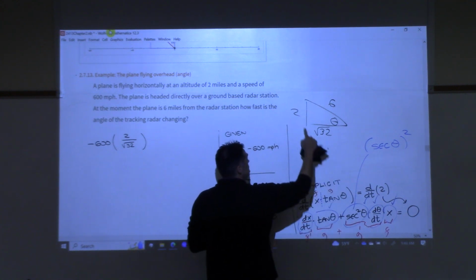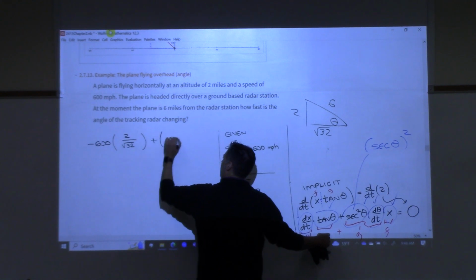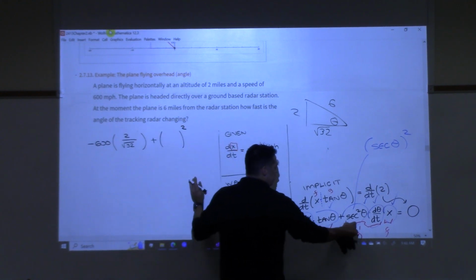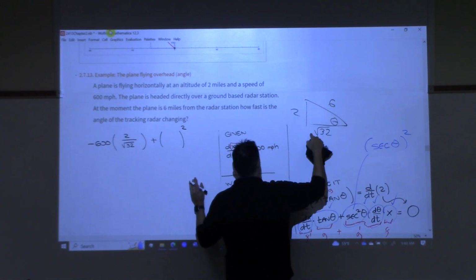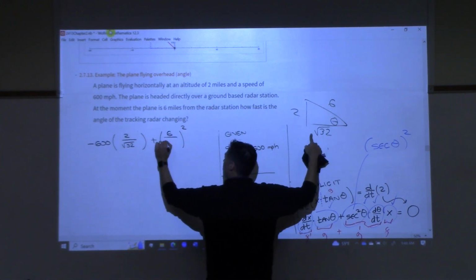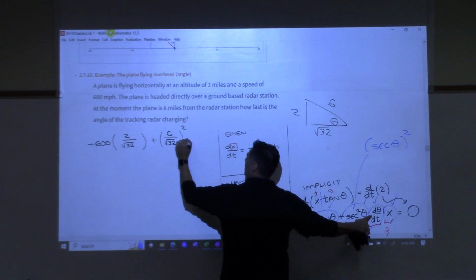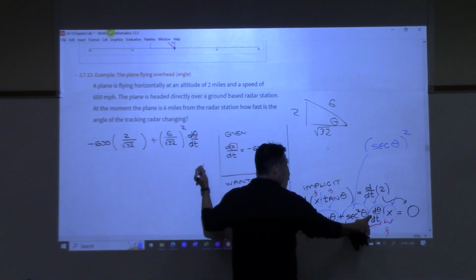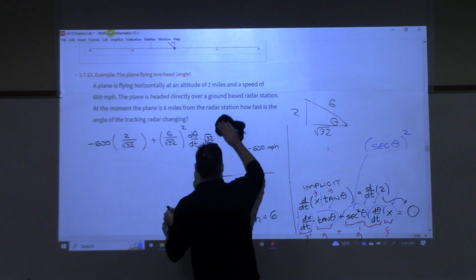So tangent was that over that, and then plus secant squared. Secant was the reciprocal of cosine. So instead of this over that, it's that over that, 6 over root 32, but we still have to square that. And then d theta dt, I leave that, and then times x, and x was root 32. And don't forget, the other side equals 0.